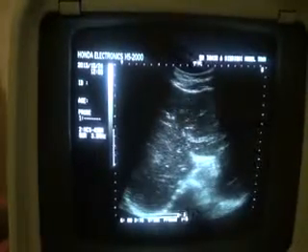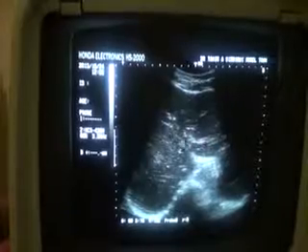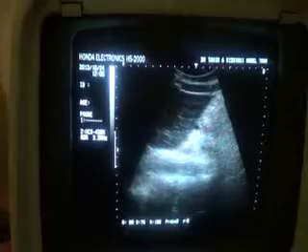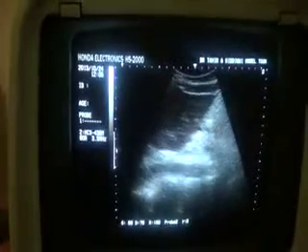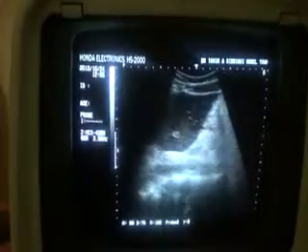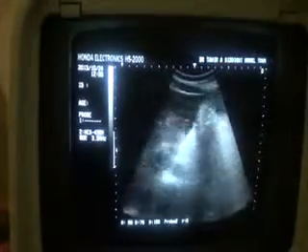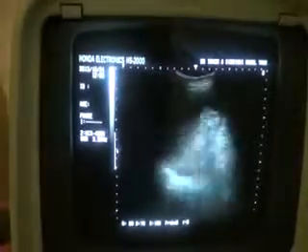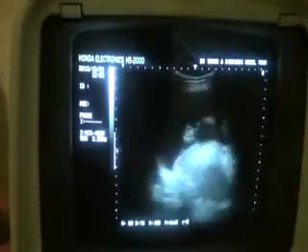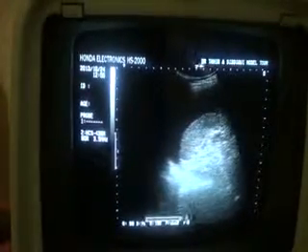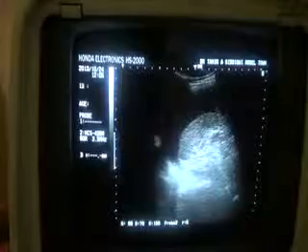This is seen in a toxic liver or congestive liver. Now this is the spleen, surrounded by fluid. This is the left hemidiaphragm.